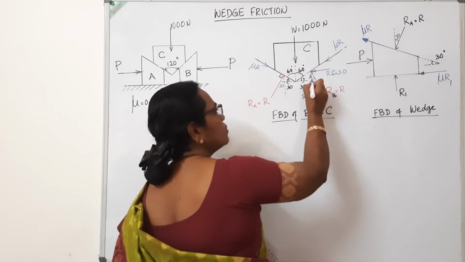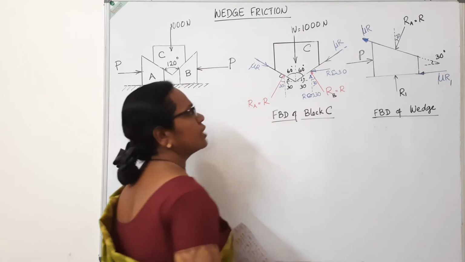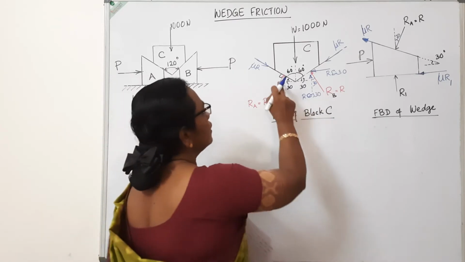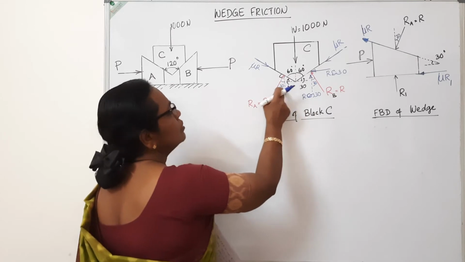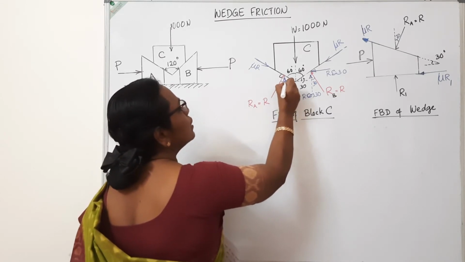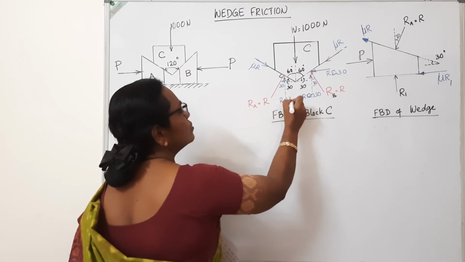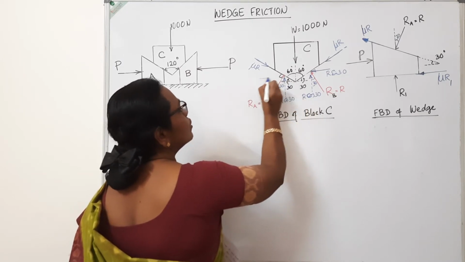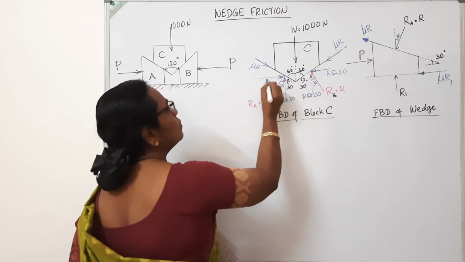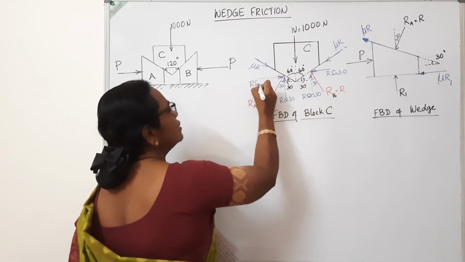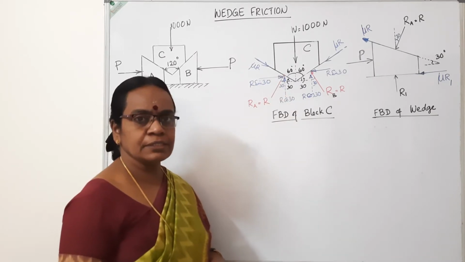This angle is measured from the vertical. Similarly, here the angle between the normal reaction and the vertical is 30 degrees, so the vertical component will be R cos 30 and the horizontal component is R sin 30. So we have resolved the normal reaction components.